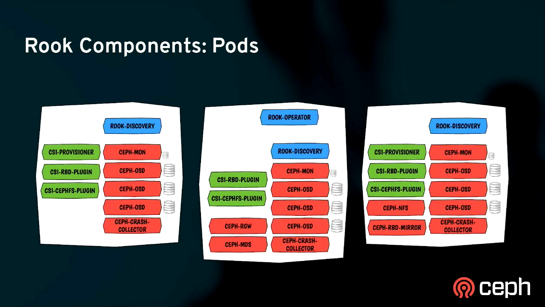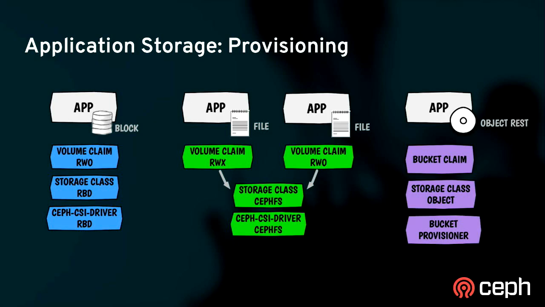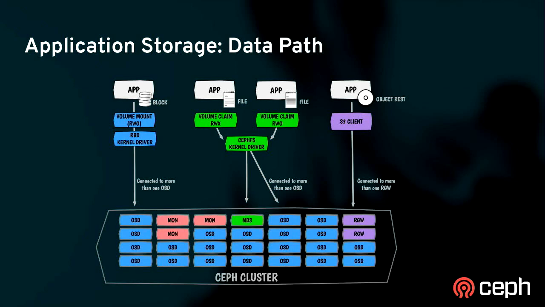And then we have some Ceph Mons and other services running and fully distributed and highly available. And it means that with Rook, we can actually manage the upgrades elegantly as well. And then when the applications are running, they will make a claim, they will go down to the storage class, and then it will all be handled automatically for you. And it's all being allocated of an underlying distributed Ceph cluster that you can then scale out as your environment grows and your needs change.